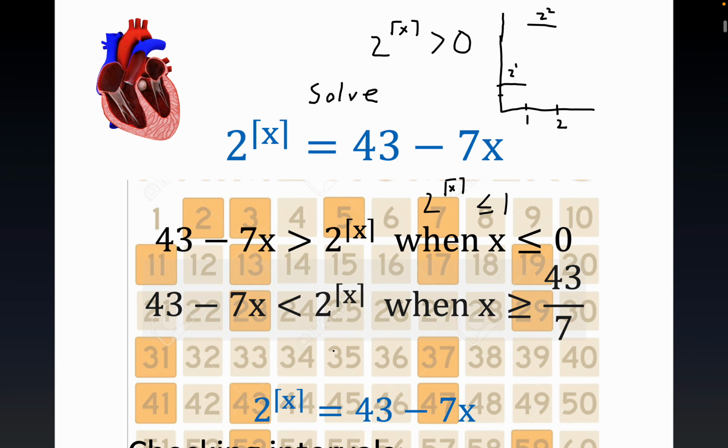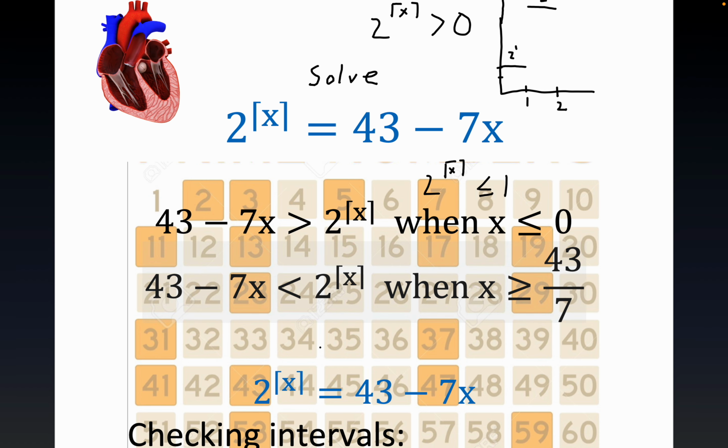Now what that does, it helps us a lot. If we have a solution, that means that any solution, I'll call it S, has to be strictly trapped between, I don't know if it's strict necessarily, 43 over 7. I think it is strict, probably. All right, so like this.